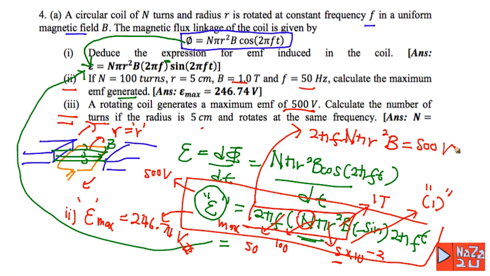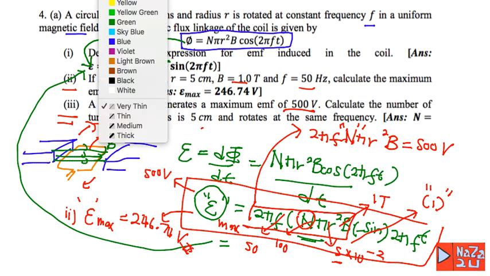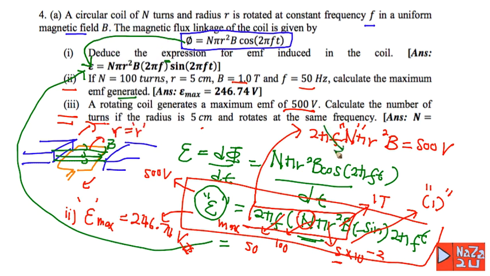The question asks you what is the value of the number of turns N. Now you can find the value of N here. Use the same frequency, 50 Hertz, B equal to 1, and R equal to 5 exponent minus 2, and this is 2 pi and 2 pi.